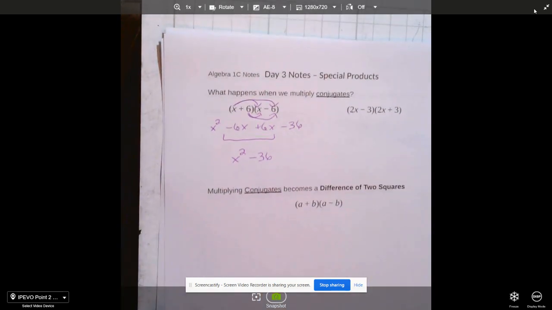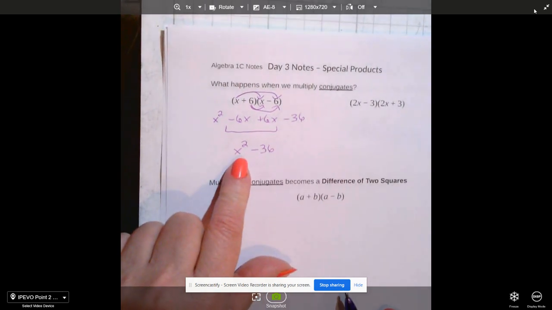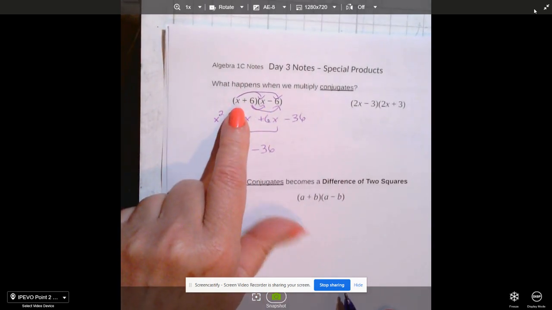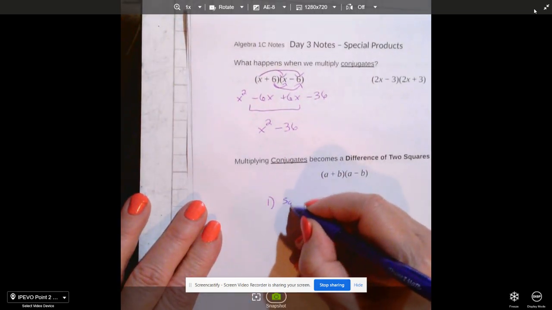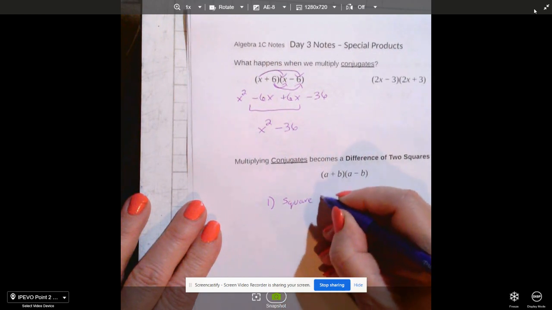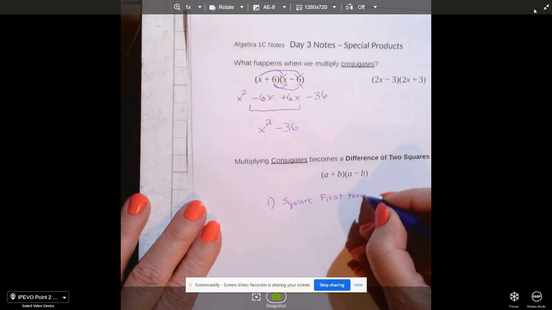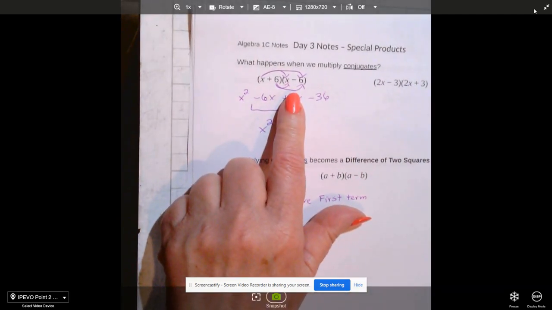So now let's take a look at what this pattern looks like. Well, x squared comes from multiplying the first two terms together. So all I have to do is square the first term. Those middle terms add up to 0, so I can just ignore those.